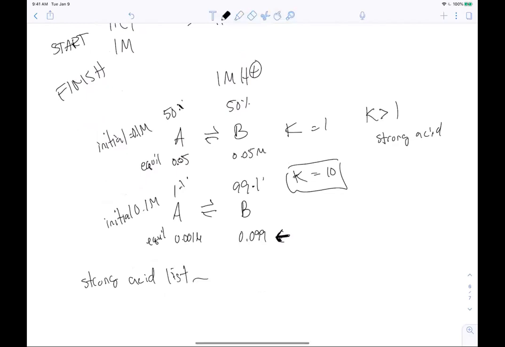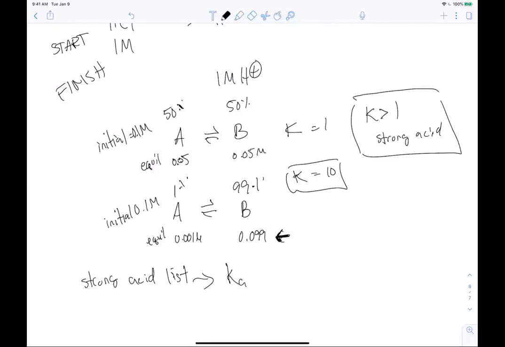If you look at the strong acid list, you can look up Ka values for them, and you'll see that the Ka values are always greater than 1. You might run into a borderline case where K is exactly equal to 1, an acid somewhere in between a strong acid and a weak acid definition. But certainly for K of 10 and up, it's a strong acid.